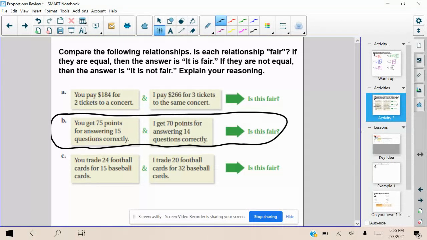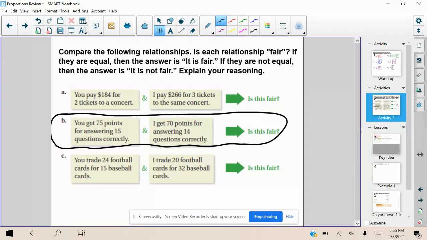Let's compare that to my score. I got 70 points for answering 14 questions correctly. 70 divided by 14 is 5. So we each got 5 points for one question. The relationship is the same. The numbers were different, but the overall relationship was the exact same.